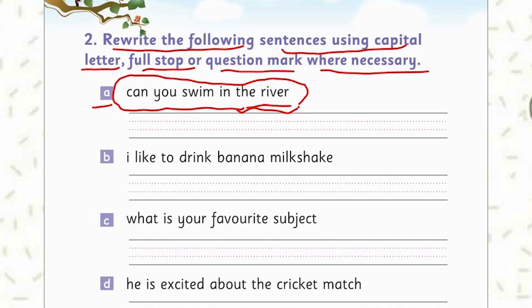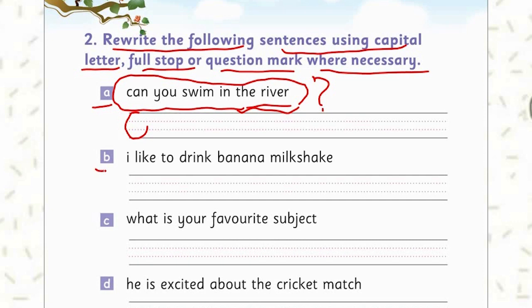Yes, this is the start of the sentence, so the first letter should be capitalized here, C. And this sentence is in question form, so we have to put, yes, the question mark at the end. Can you swim in the water? Someone is interrogating about swimming in the water.